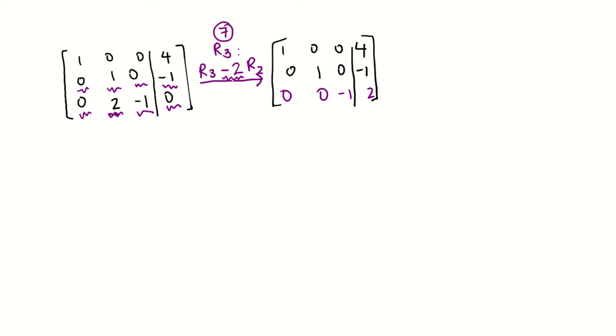And now we almost have what we want. The x and y spots are empty and we just have the z slot. So we have negative 1z equals 2. Divide by negative 1 and we get z equals negative 2.